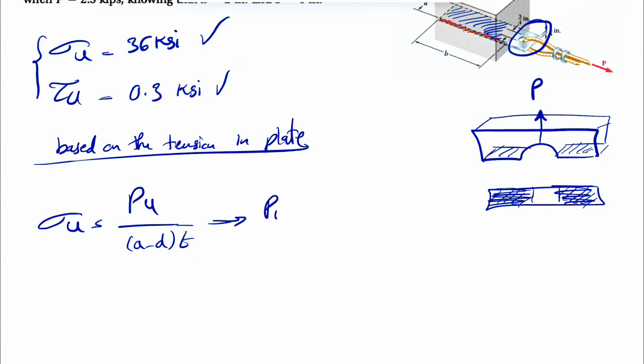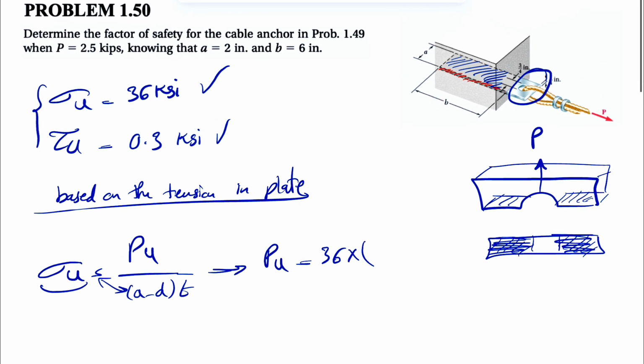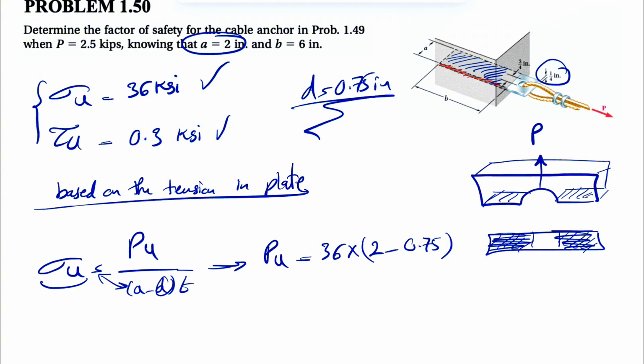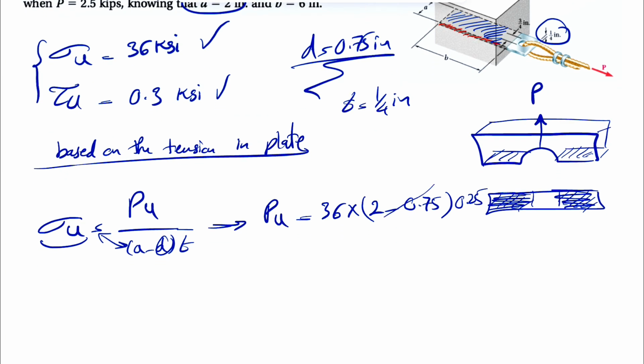We can find the ultimate force by multiplying these: 36 times A, which is 2 inches, minus D, the diameter of the hole in the plate, which is 3/4 or 0.75 inch. So 2 minus 0.75, times the thickness T, which is 1/4 inch, or 0.25.